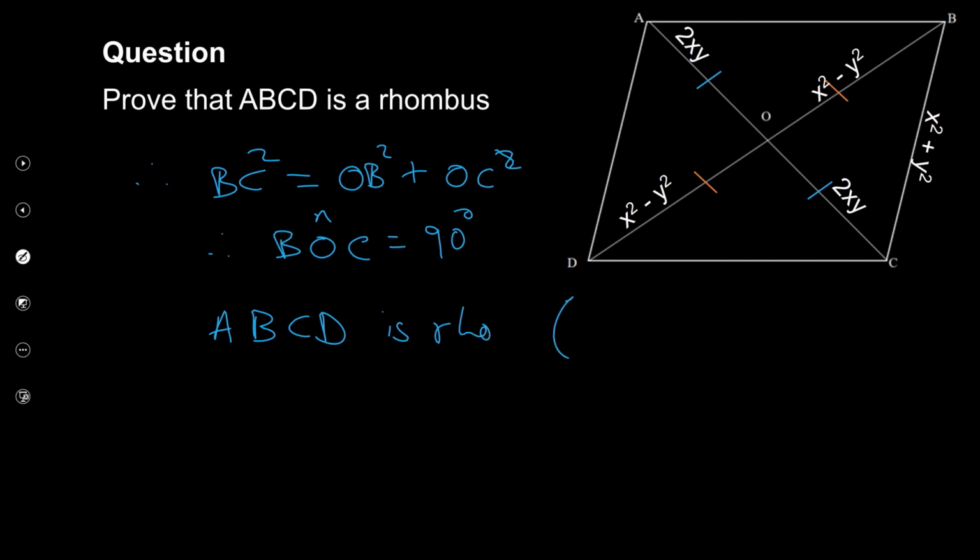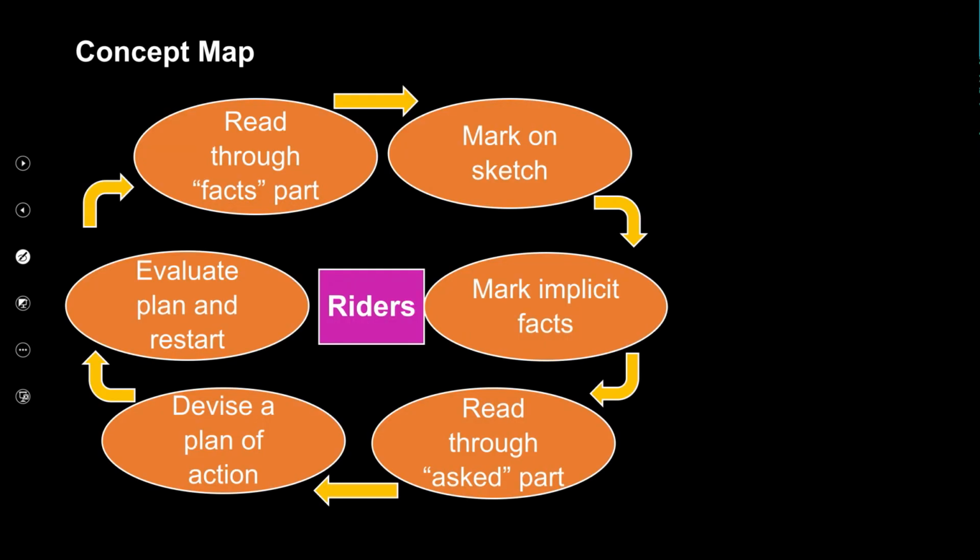And the reason for that will be the diagonals bisect at 90 degrees. And that's what makes it a rhombus in that particular regard.